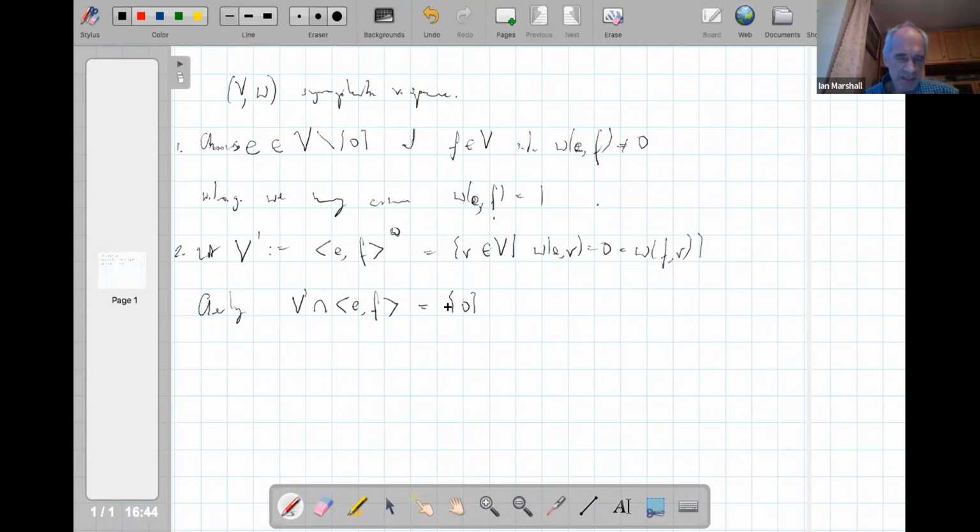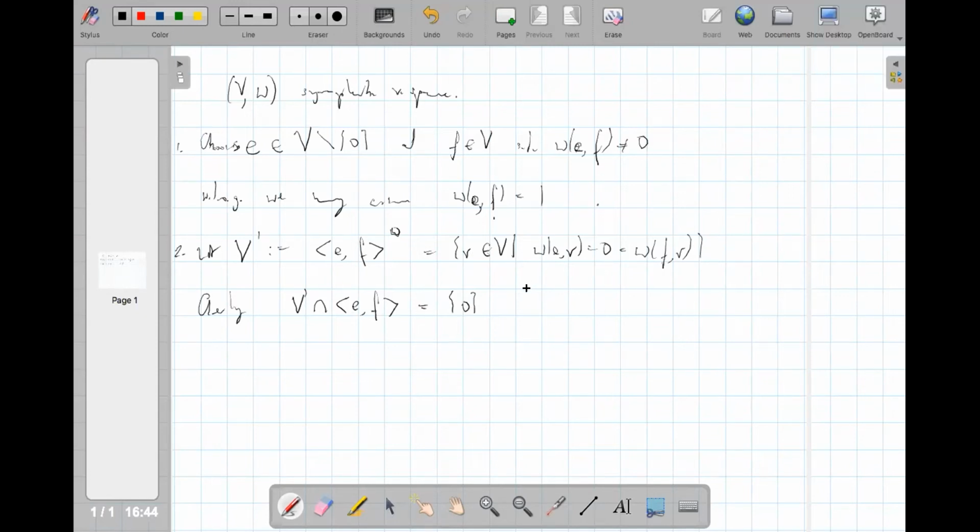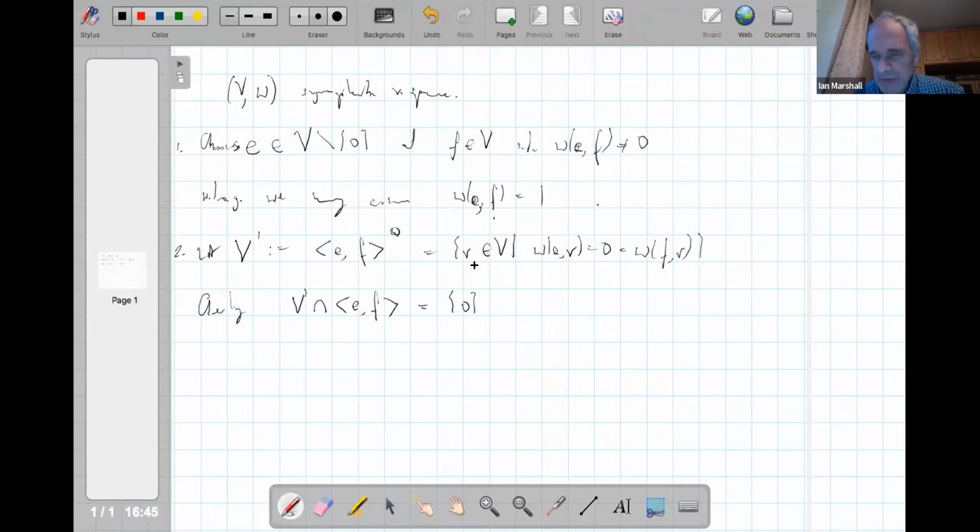It's not enough to see that e and f are not in V prime; we need to take an arbitrary vector alpha e plus beta f.